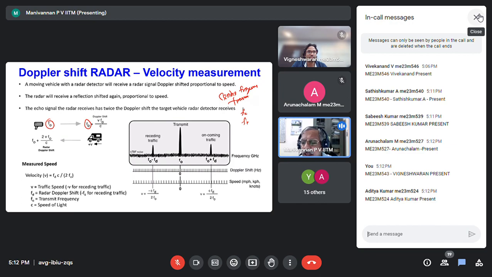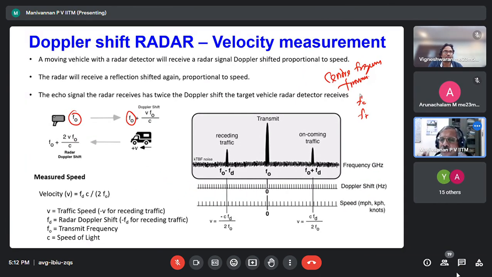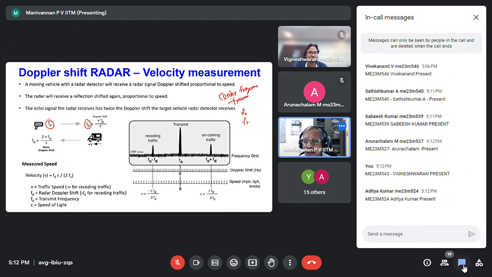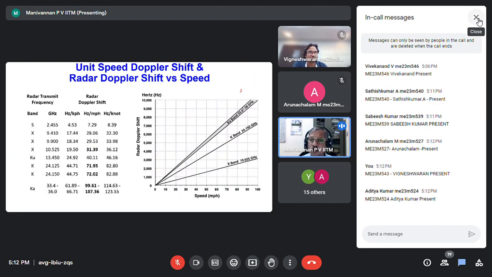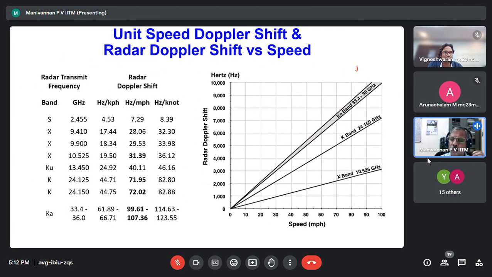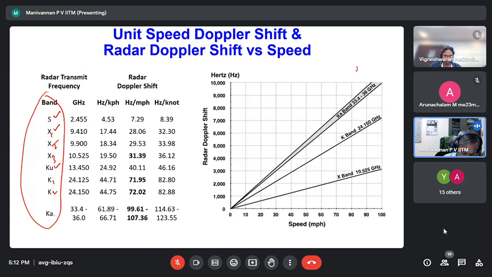That will be decided by the manufacturer. The radar manufacturer decides. Right? So when you want to design a radar, it depends upon what frequency it is transmitting, F0, the transmission frequency. Based on that, the radars are classified as S-band radar, X-band, X1 band, X2 band, X3 band, Q band, K1, K2, and Ka band.